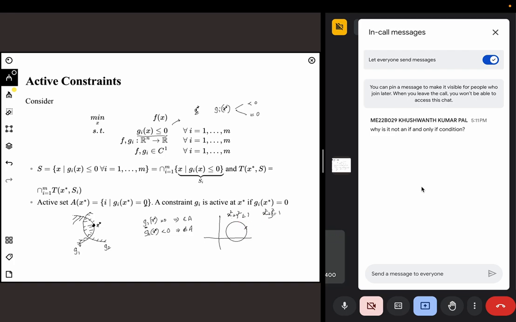Radius is 1. If you write it as g_i of x, it will be x square plus y square minus 1 less than or equal to 0. So when I say g_i of x equals 0, it means that particular point is lying on that curve, on the boundary. So it's not an interior point.